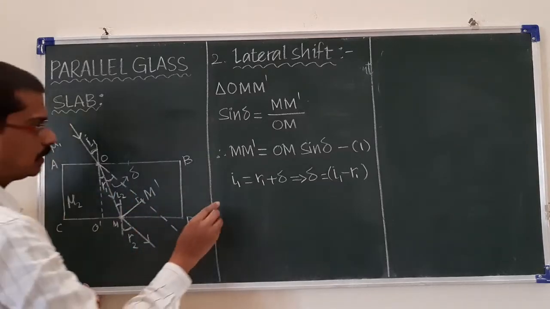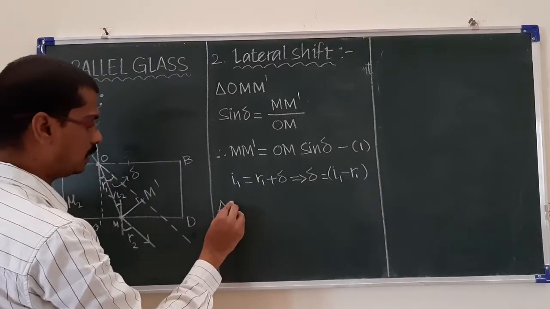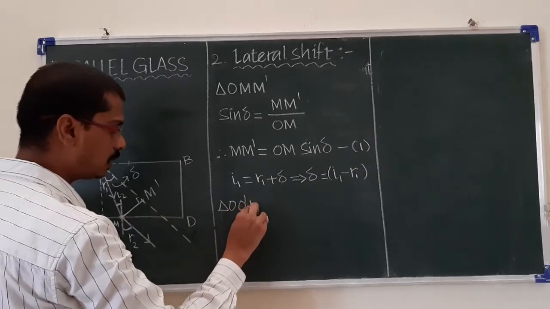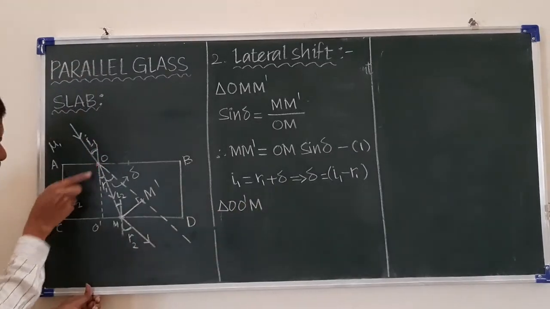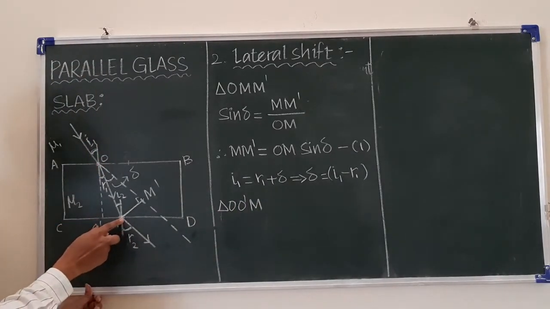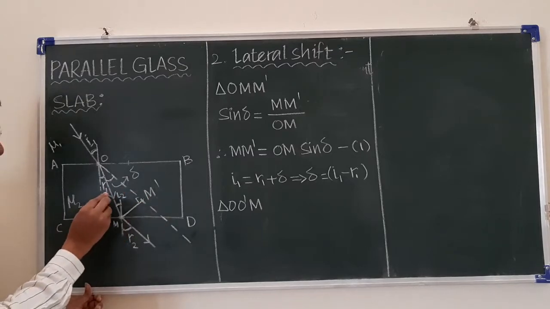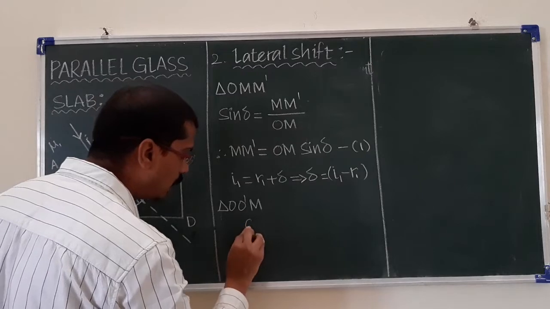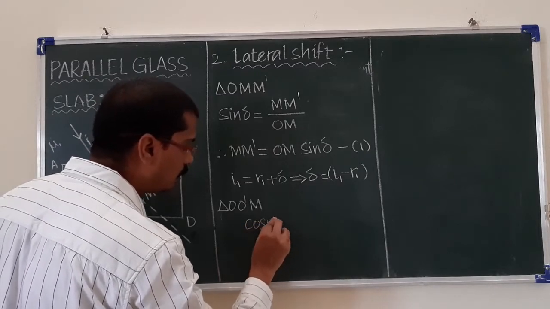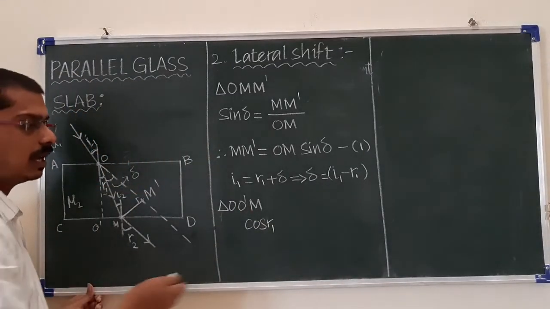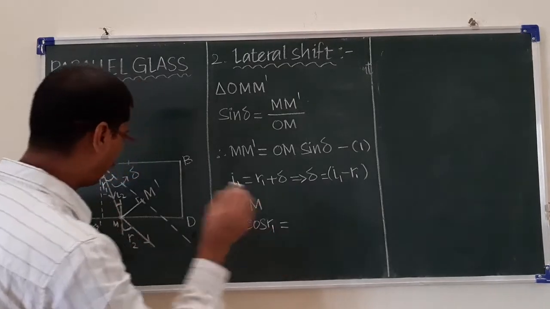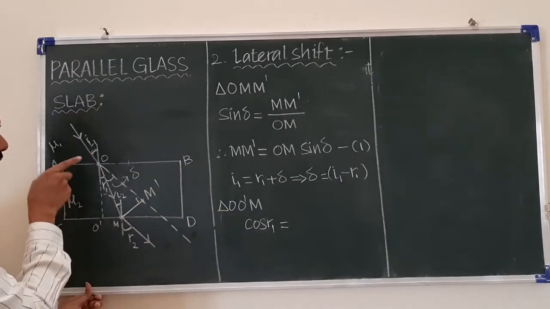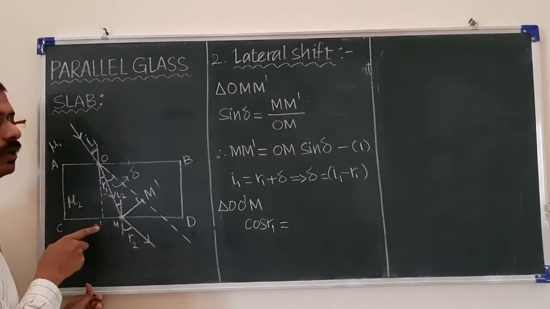Again, now we have to consider another triangle, that is O dash M. O dash M is the another triangle. In this triangle, what is the angle? Angle is R1. Now I am using the cos ratio. Cos R1 is equal to adjacent upon hypotenuse.